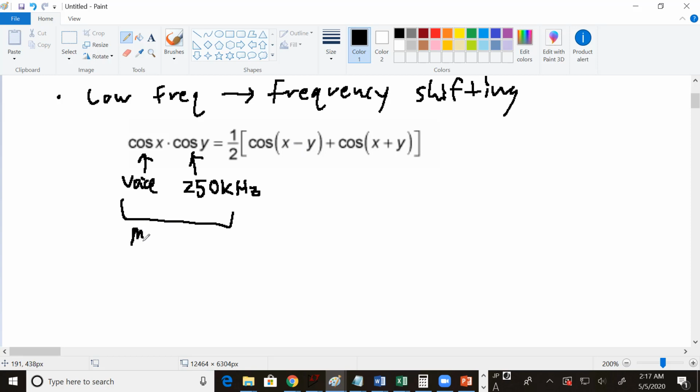So this is happening inside the modulate block. And the block in a circuit that does that is called a mixer. A mixer just multiplies two signals. So this has some frequency, we'll call it omega voice T, and we'll call this omega carry.